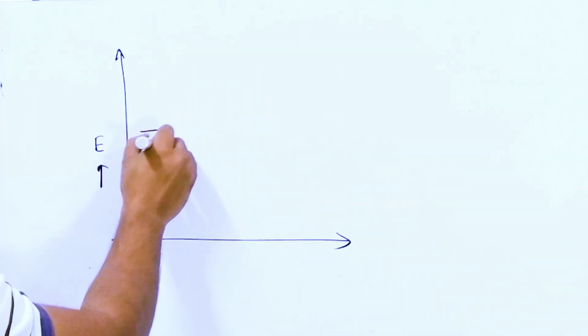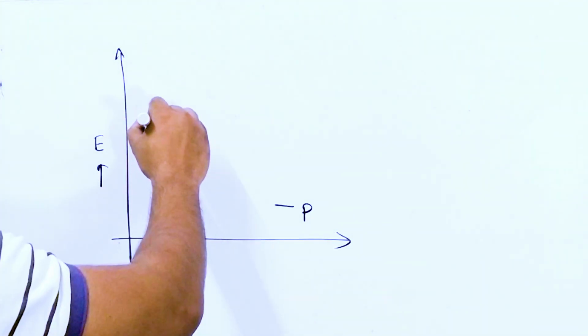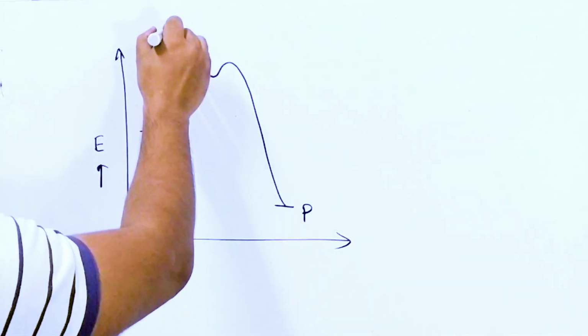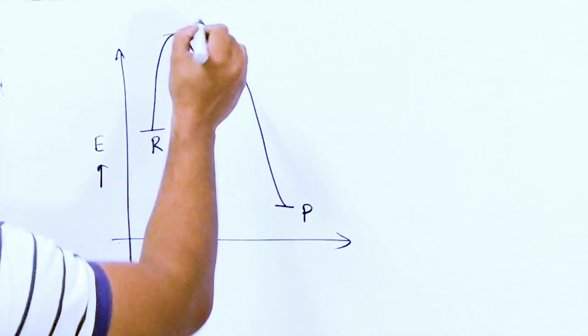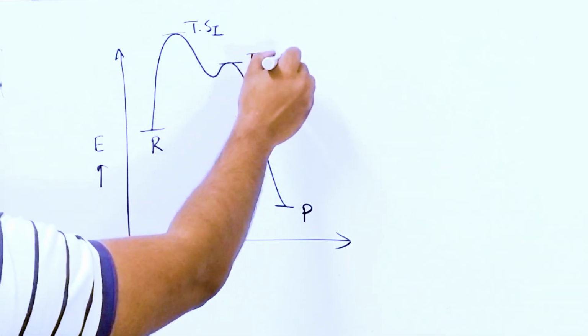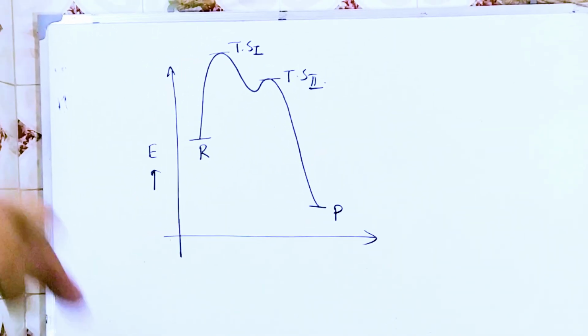So if this is the reactant and this is the product, then it will move via two steps. This is transition state 1 and this is transition state 2. Why? Because I have told you that the first step is the slowest step.